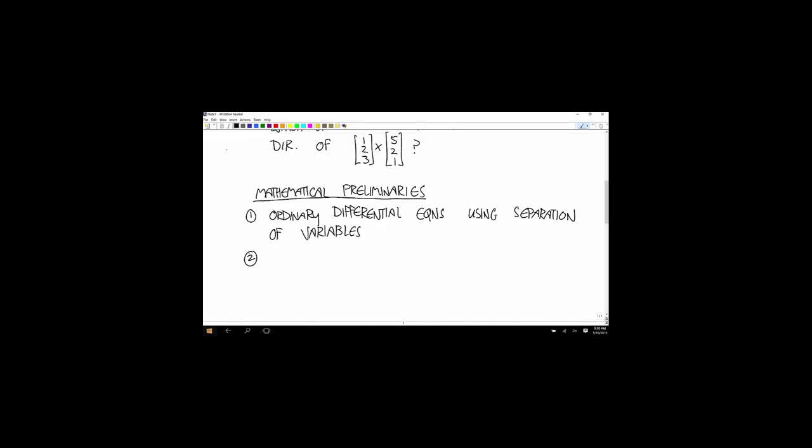So we're going to talk about derivatives of vectors. And these are going to be in non-rotating coordinate systems.